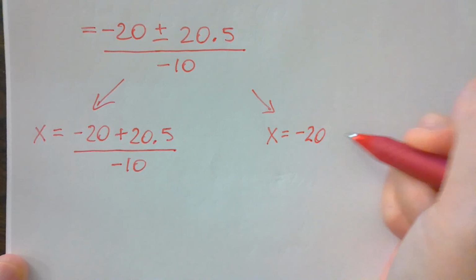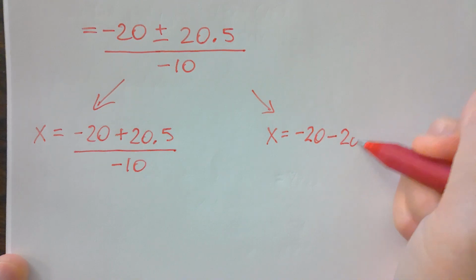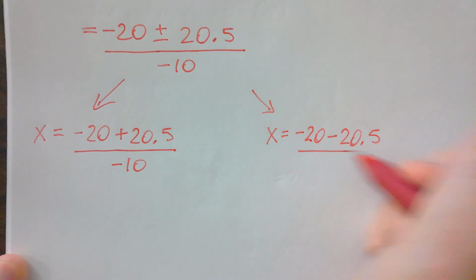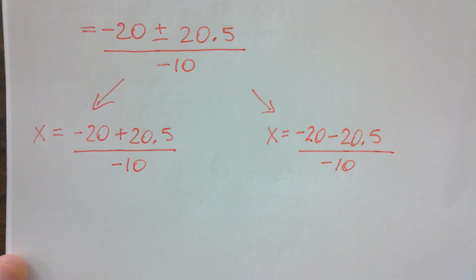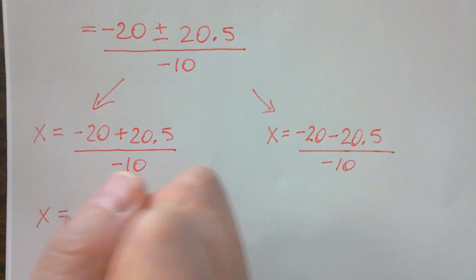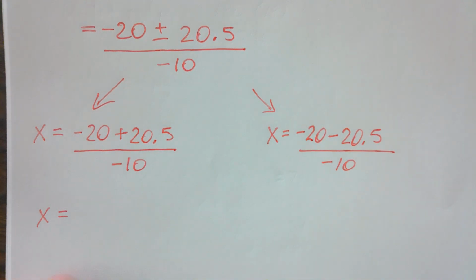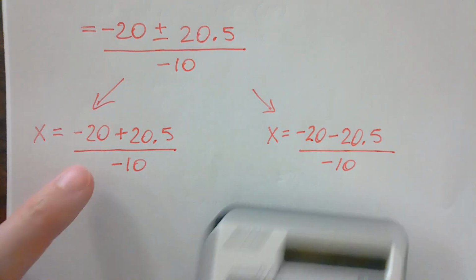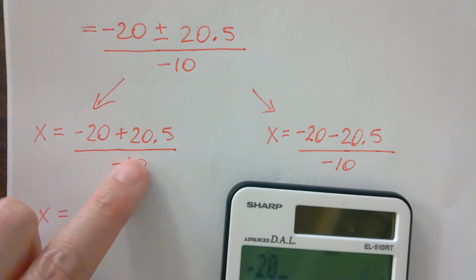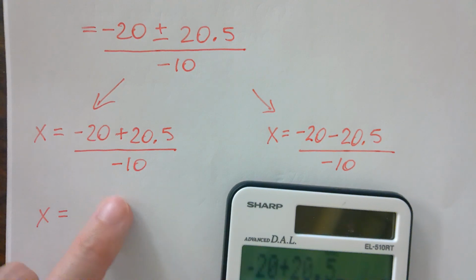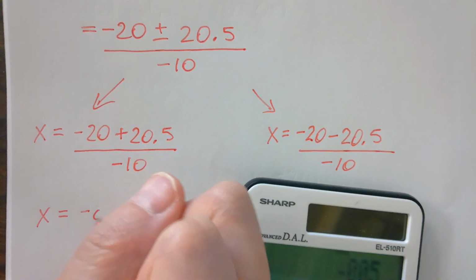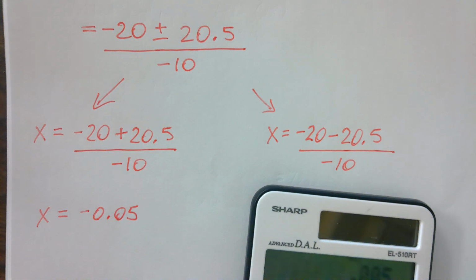Negative 20 minus 20.5, yep, over negative 10. Okay. So negative 20 plus 20.5 divided by negative 10, I get negative 0.05. And then the other one, negative 20 minus 20.5.